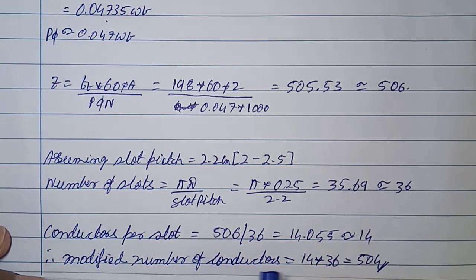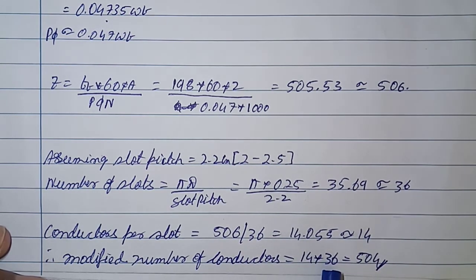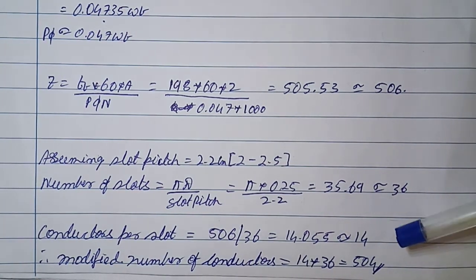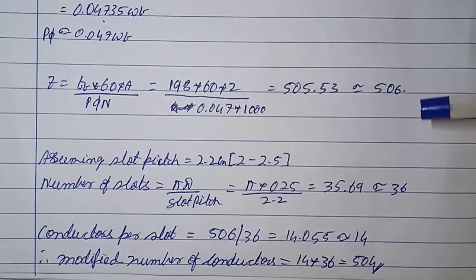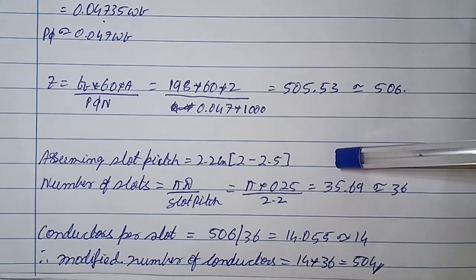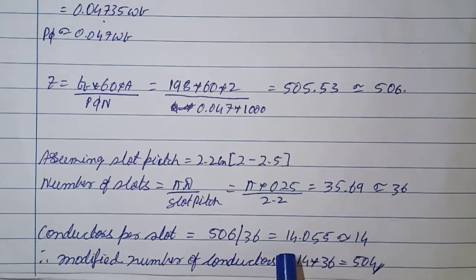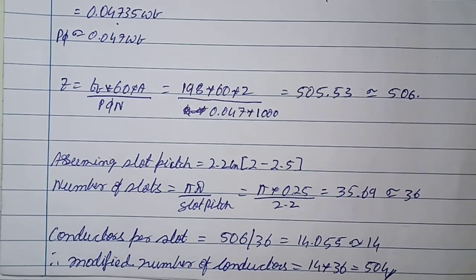Modified number of conductors is 14 into 36, which is 504. What we required was 506, but we cannot have conductors in fraction, so taking it to a whole number, these are the number of conductors that we have.